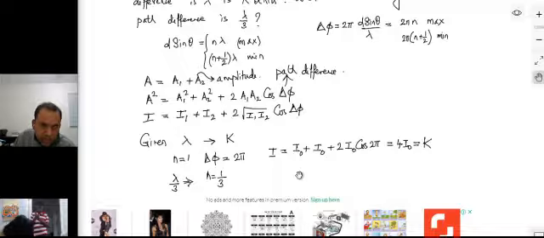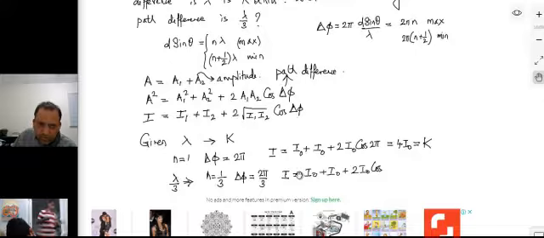So delta phi is equal to 2 pi over 3. And our intensity is equal to I naught plus 2 times I naught times cosine of 2 pi over 3.